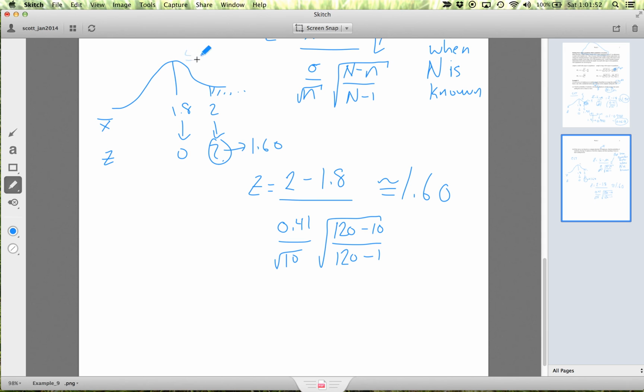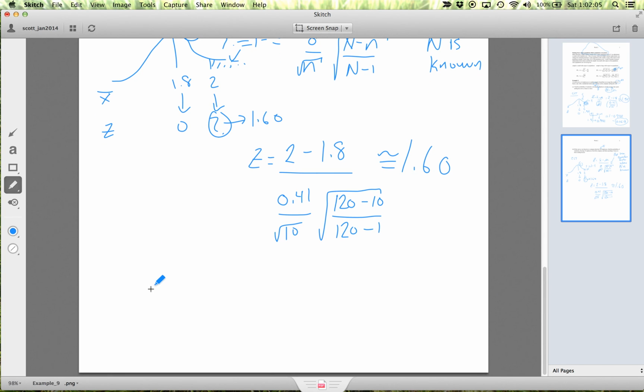Again here, we find this shaded region, which is the greater than side, by first finding the less than or equal to side and then finding its complement. We can do that by looking up in our chart. Remember, our chart is always a cumulative chart. 1.6 and where it matches up with 0.00, so that we can look up this value here.